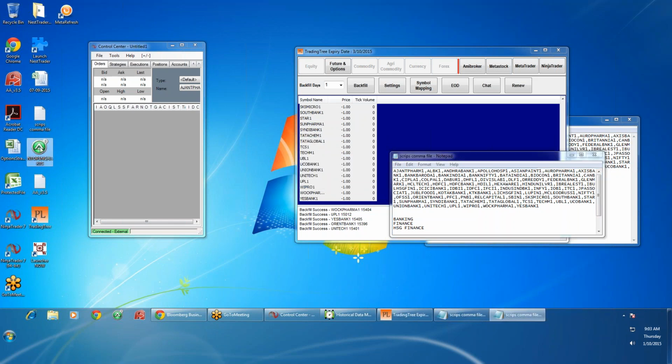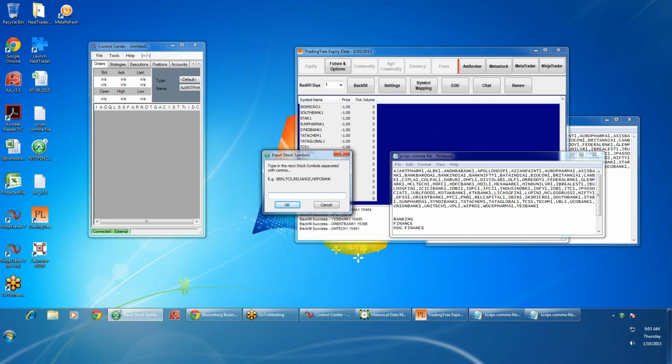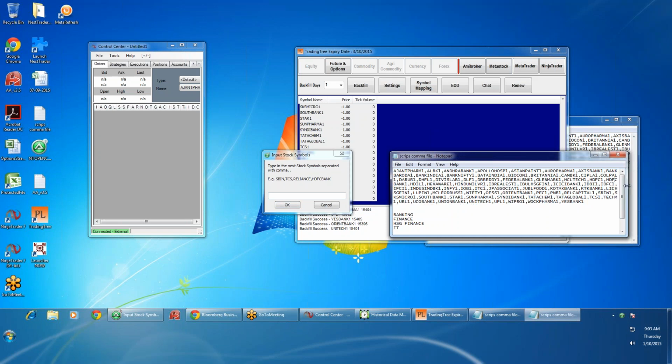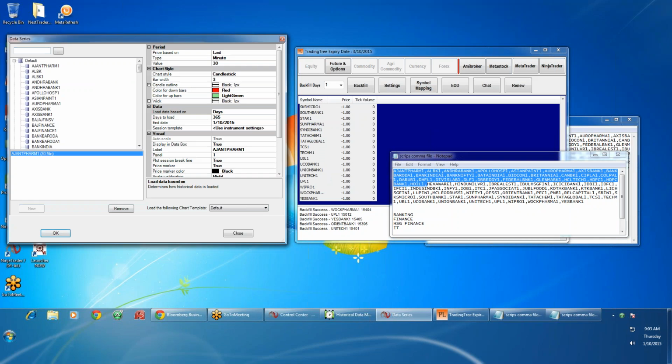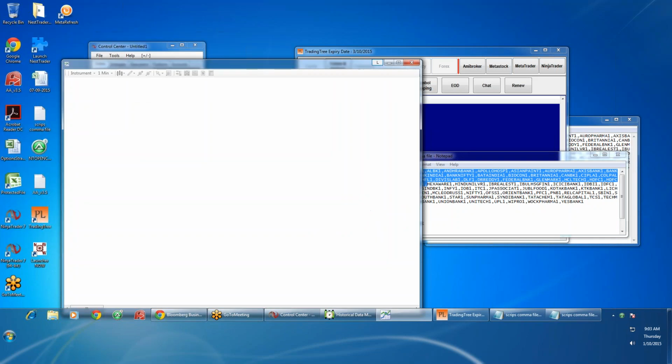This used to be a manual process earlier, but we have overcome that disadvantage also. Until HDIL, I'll just copy and paste it here and say okay. You can see the charts opening on their own.